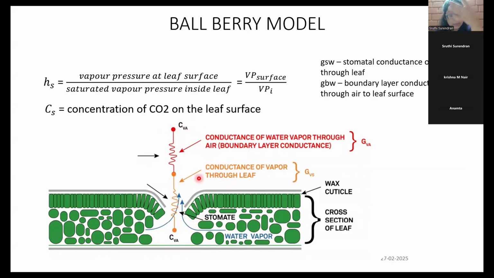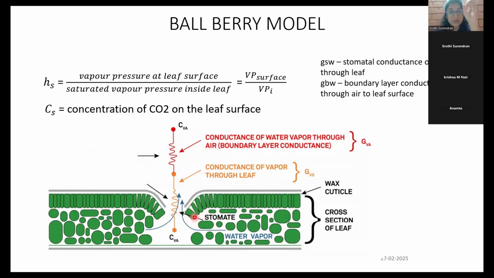Suppose water vapor is going out over here, we estimate the total conductance, not the stomatal conductance. The total conductance will be the sum of the stomatal conductance, which is the conductance from the inside of the leaf to just the surface of the leaf, and from the surface of the leaf to the air part. So this is what the total conductance will be.